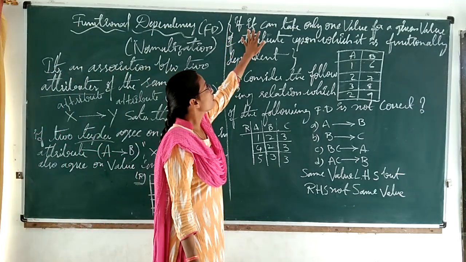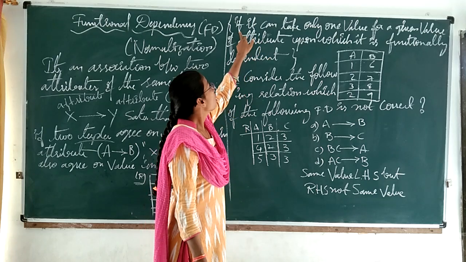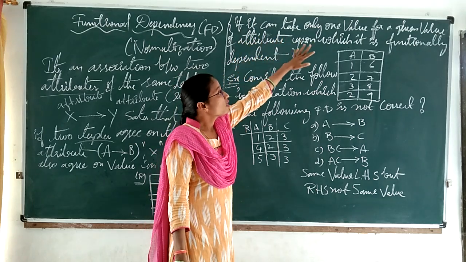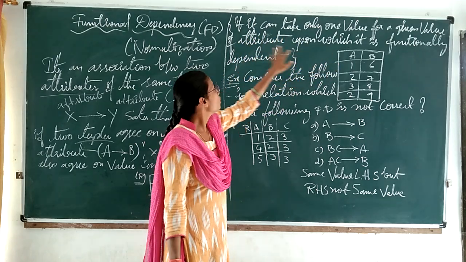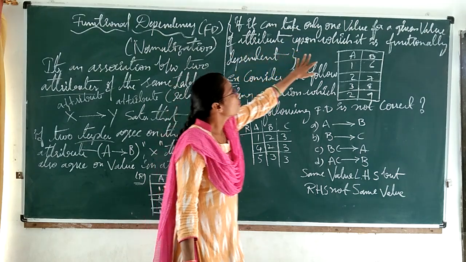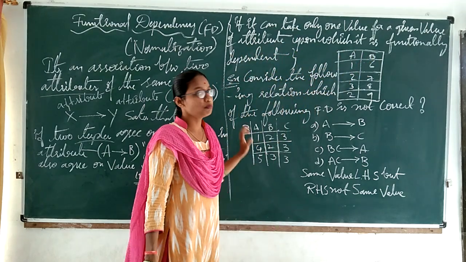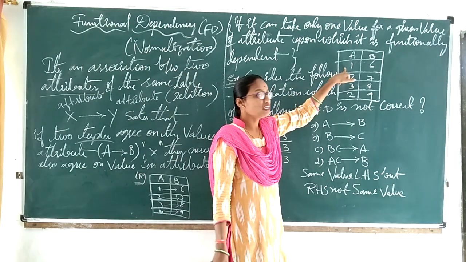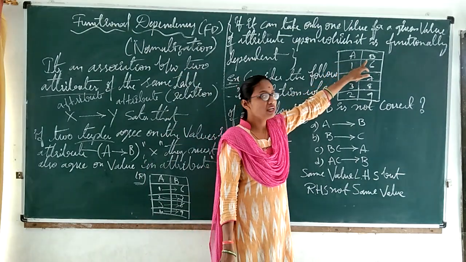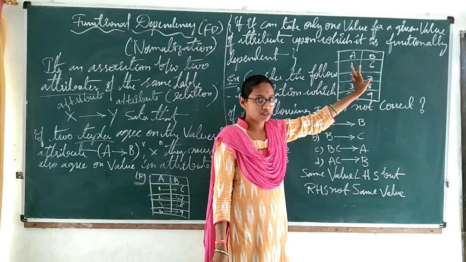Next, an attribute can take only one value for a given value of the attribute upon which it is functionally dependent. Here in relation, A and B are attributes.